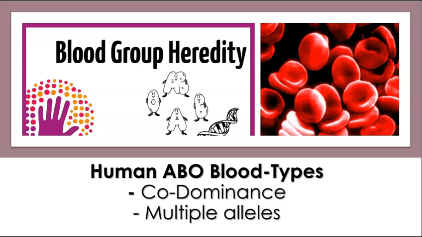So we talked a little about blood types in lab. We know that there are genes that express possible alleles for blood typing, or possible antigens on the surface of the red blood cells that determine our blood type.